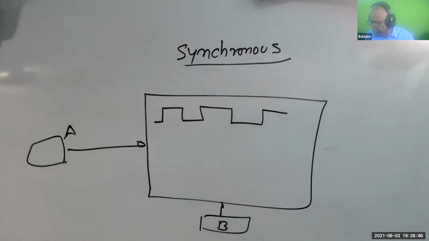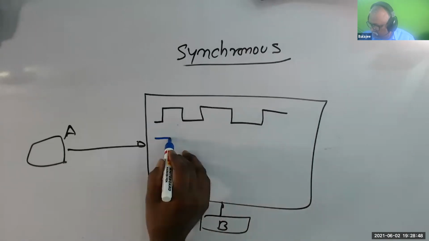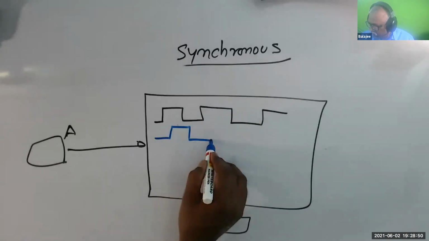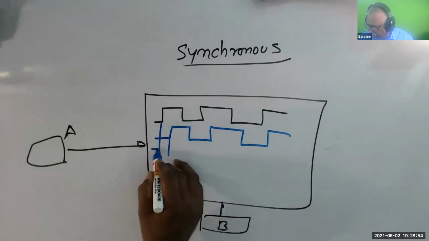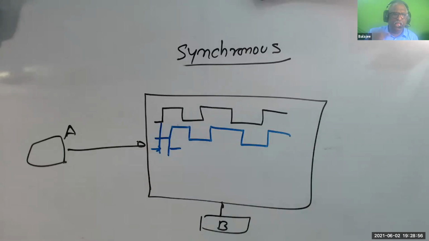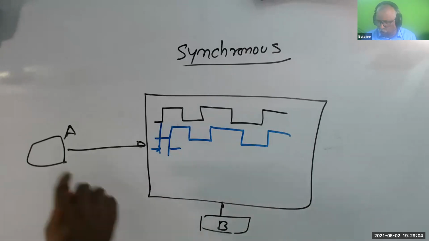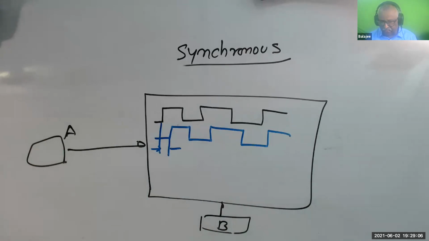The B clock is like this. So see that there is a gap. That means you switch on the light now, and the other guy will switch on the light after so much delay. The delay could be whatever. You cannot predict it because nobody knows the delay.